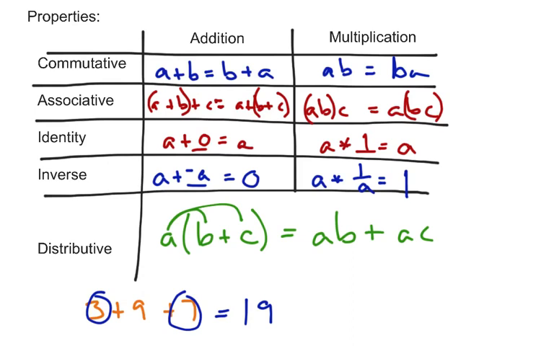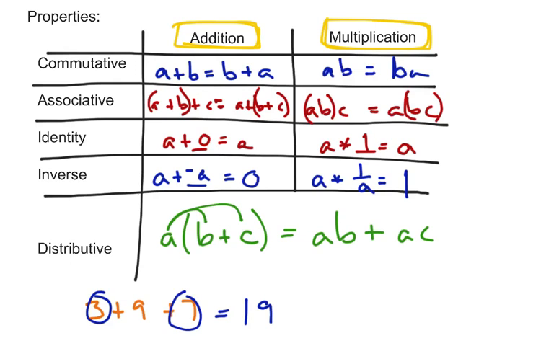The other important thing about these properties is that they only work for addition and multiplication. Lots of times we want to extend these properties to all sorts of operations and numbers, and that doesn't work.